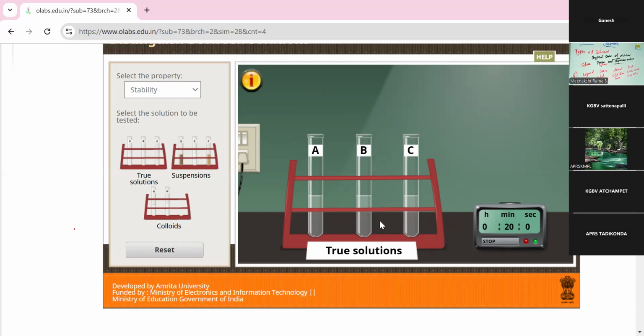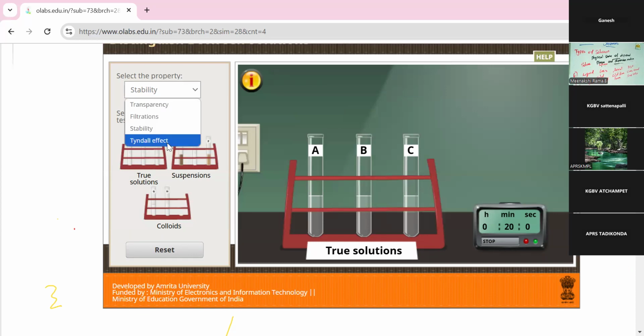It is clear that particles are not settled in the test tube. So, the answer: true solutions are stable and do not show deposition. There is no deposition in the test tube. So, this is the third confirmation test of the true solution.